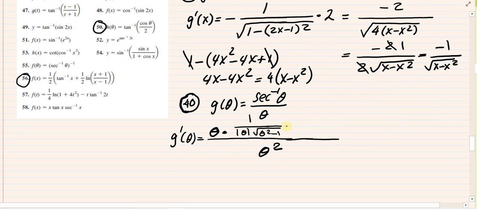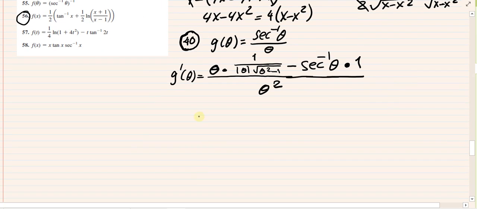And then du d theta, u is theta, so du d theta in this case would be 1. And so that was first times derivative of second, minus the numerator times the derivative of the denominator, which is 1. Okay, and that's what that turns out to be.